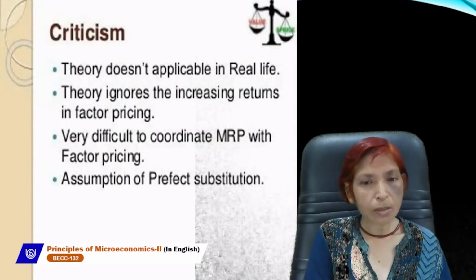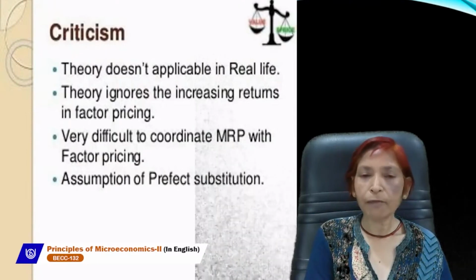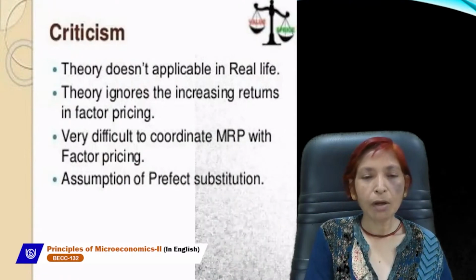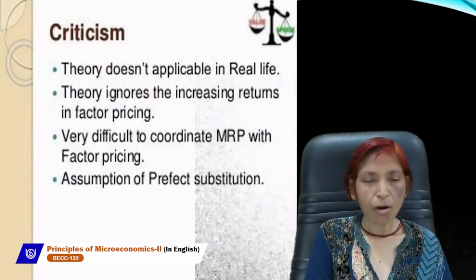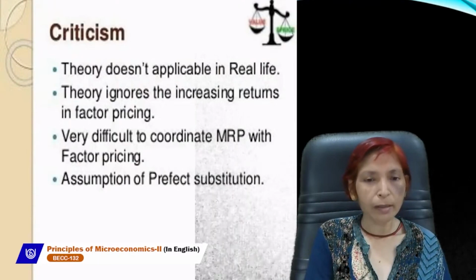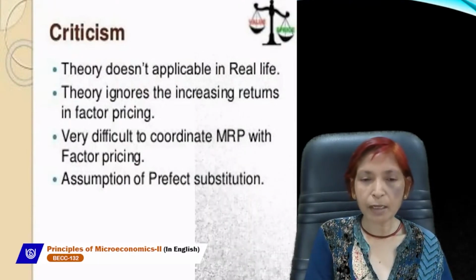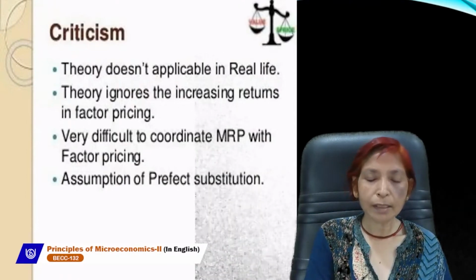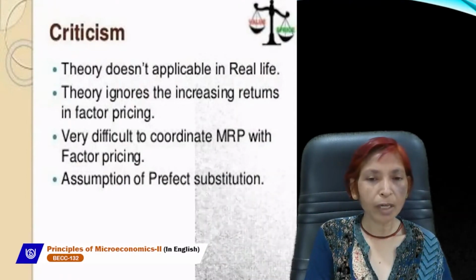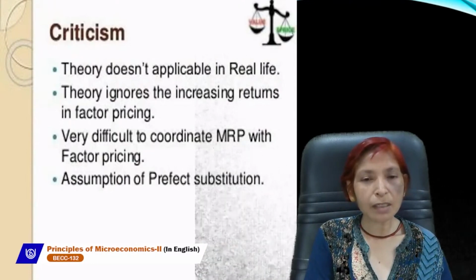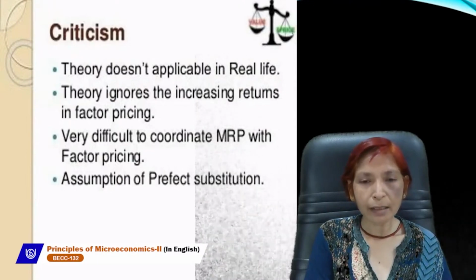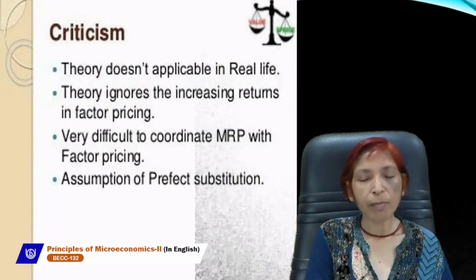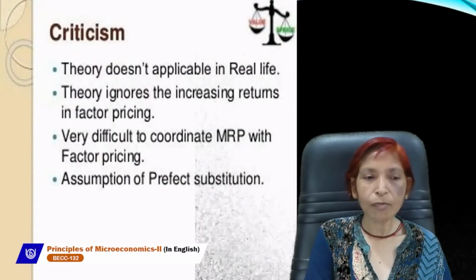This theory ignores the increasing returns in factor pricing because this theory is based on the law of variable proportion, or law of diminishing returns, or returns to a factor, which is applicable in the short run. In the short run some factors remain constant, only one factor is variable, and as we increase the units of the variable factor, production in the beginning increases, then becomes maximum, and at last starts falling.